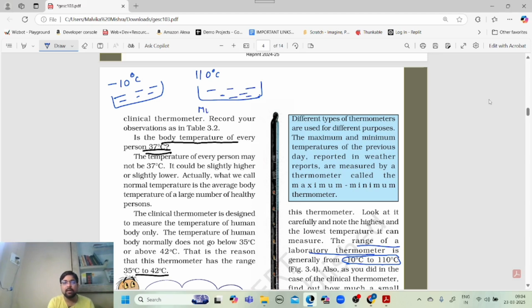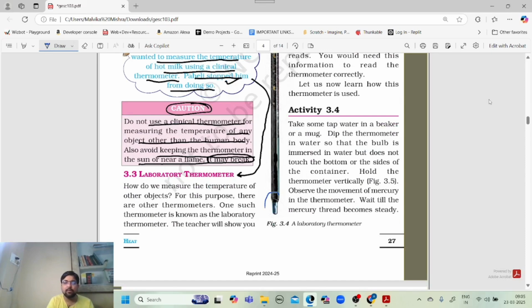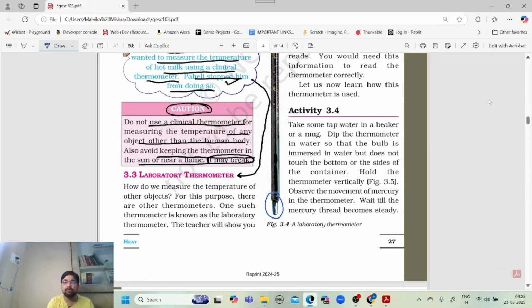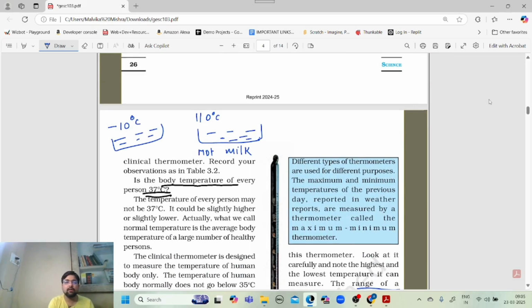So suppose I want to measure the temperature of this hot milk. How will I use this thermometer? See, this is the bulb of the thermometer. We will take it to the beaker where the hot milk or the ice cold water is contained.